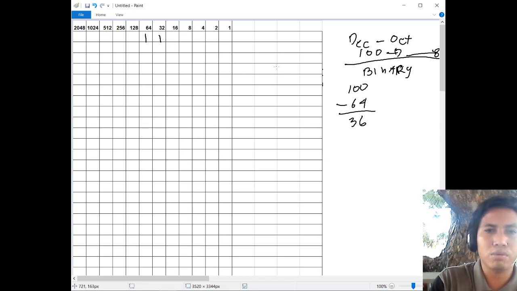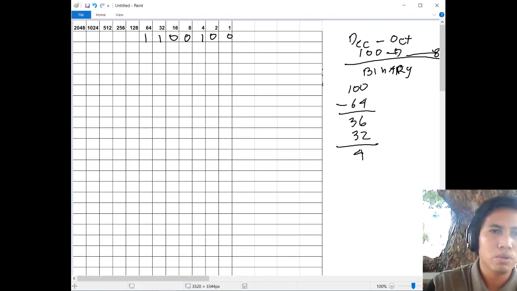So 32 is still included, so let's put 1 in there. 36 minus 32 would be 4. Then we have a digit of 4, so let's put 1 in here, and the rest is 0. Now, as you can see, the binary of 100 is 1100100 base of 2.